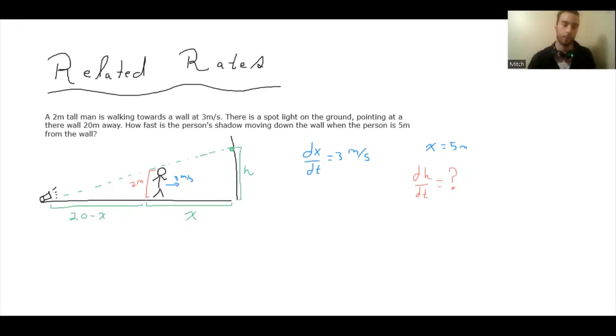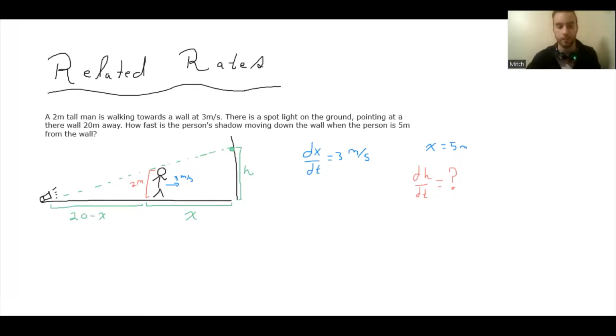The first thing we can do is recognize that there are similar triangles right here. This triangle and this triangle must have the same angle, because it's that spotlight on the bottom that's casting his shadow up. So we can use the properties of similar triangles to come up with these angles.